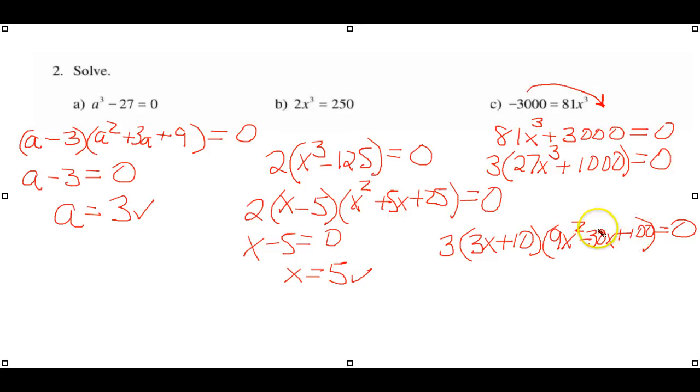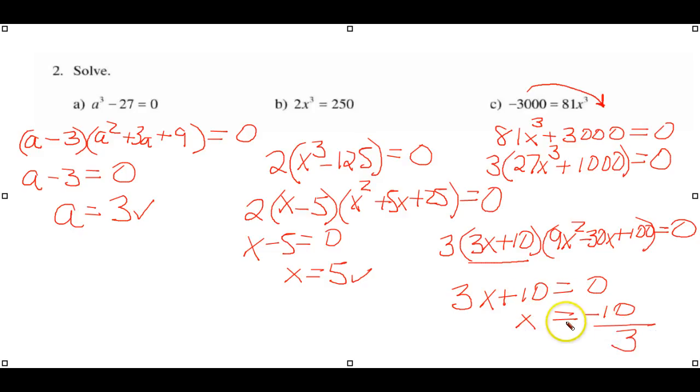This doesn't factor anymore, but we now have this factor that equals 0. 3x plus 10 equals 0. So we transpose the 10, negative 10, divide by 3, x equals a negative 10/3. And that's the answer.